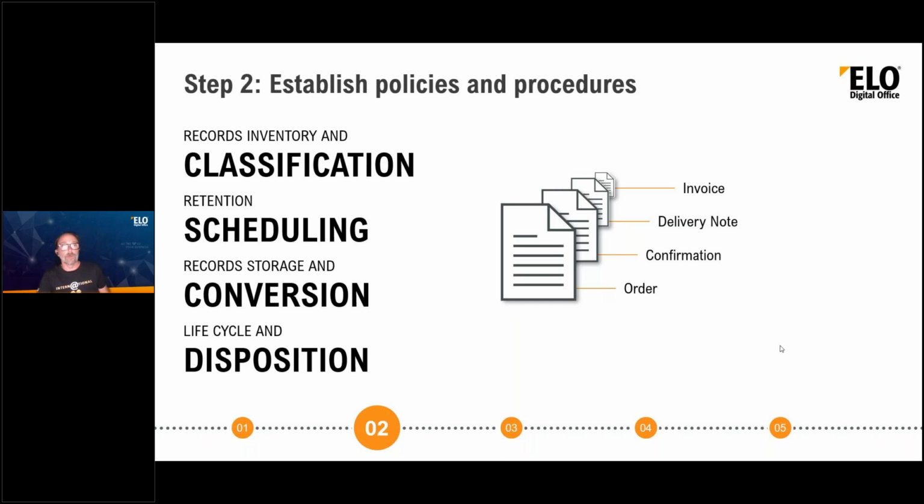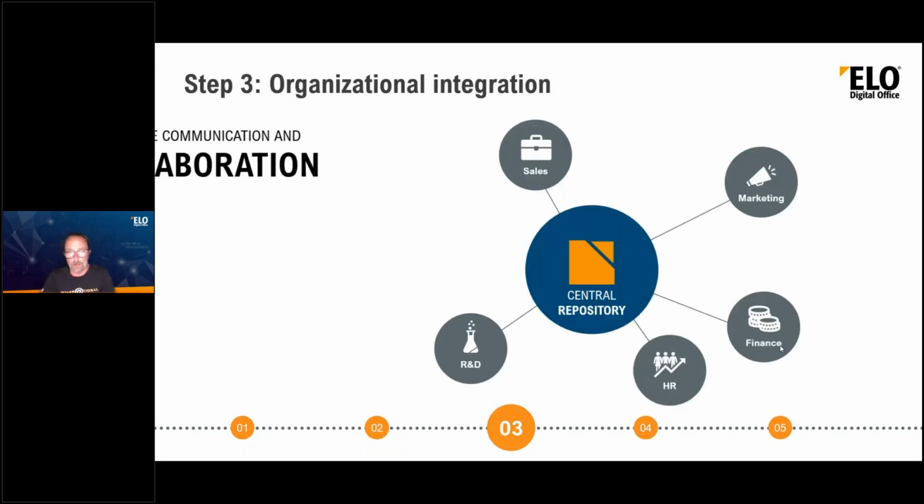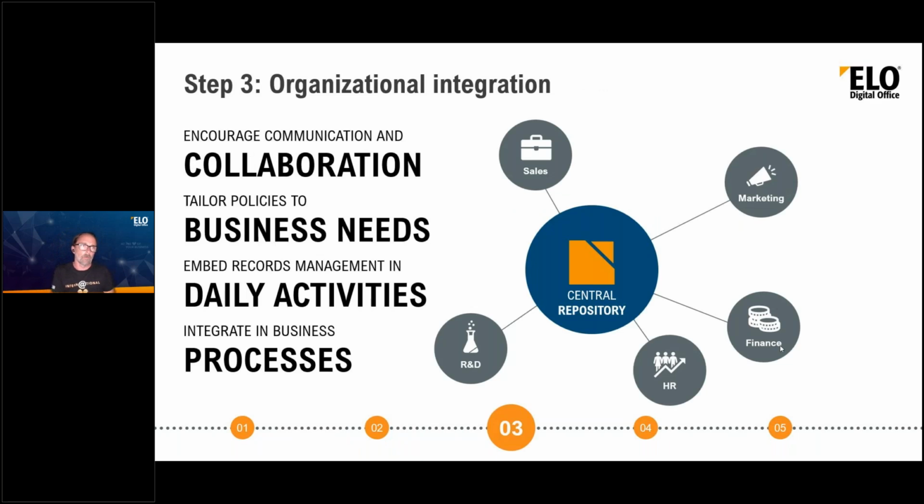Then we have to do the organizational integration, which is, well, an easy part, as long as you collaborate with the employees in the company. Because when our business partners make their workshops, they normally make them with the employees in your company in the proper department, because they know which records they have.